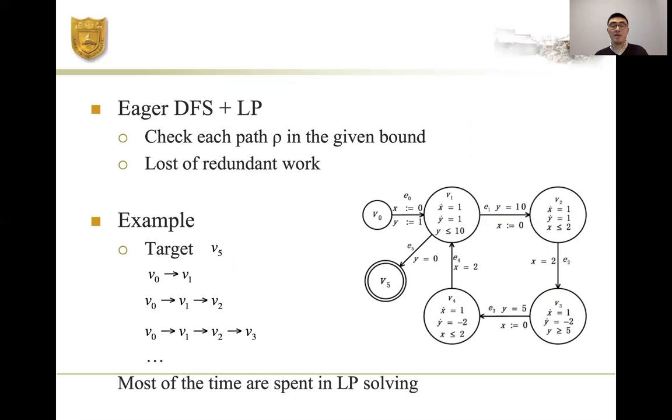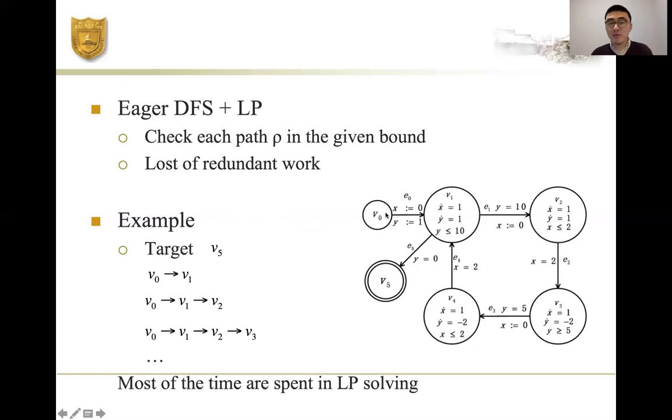Okay, how does that work? That's a question. For the eager DFS plus LP, we check each path rho in the given bound. Actually, we found it has lots of redundant work. Why? Let's see this example. We want to check whether V5 is reachable or not.